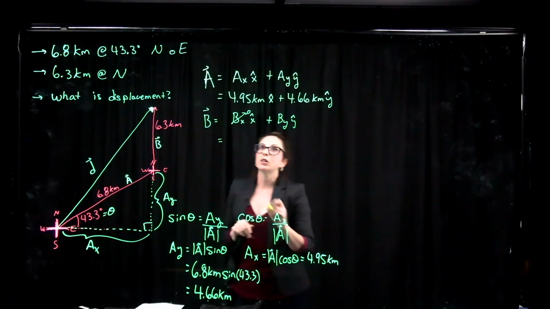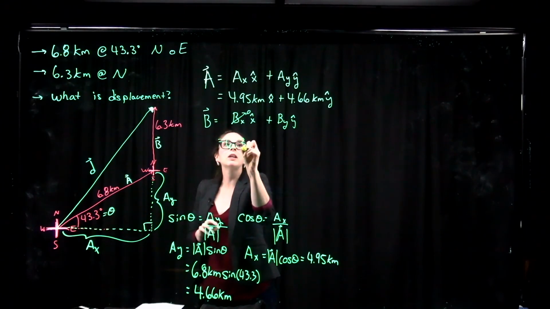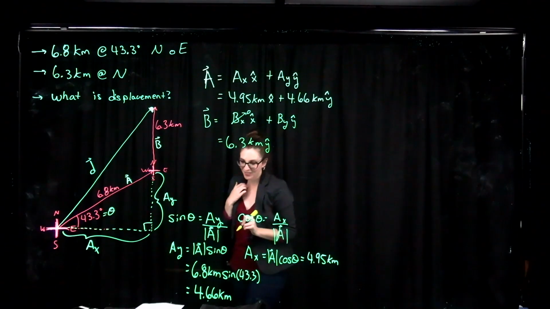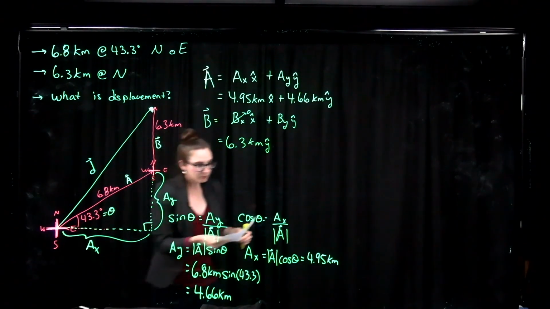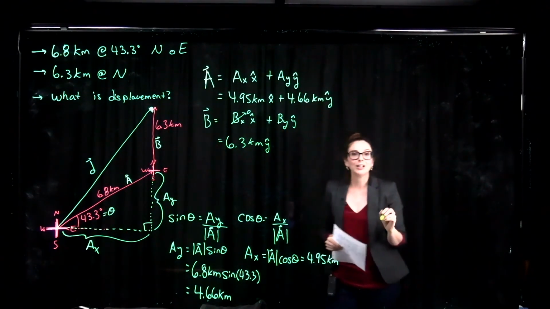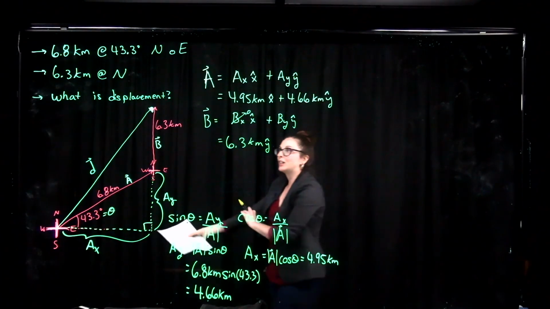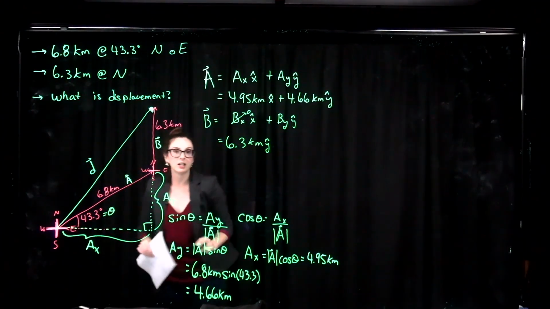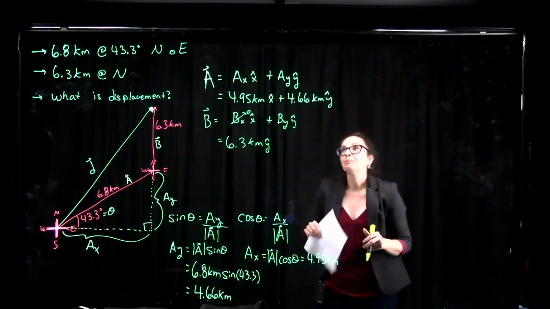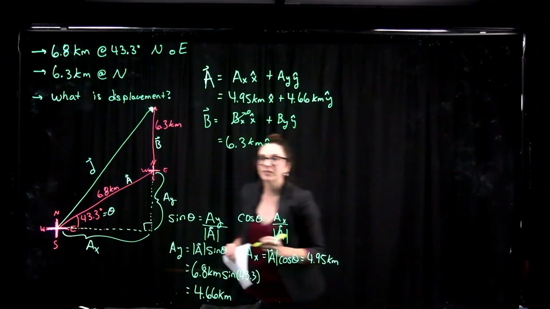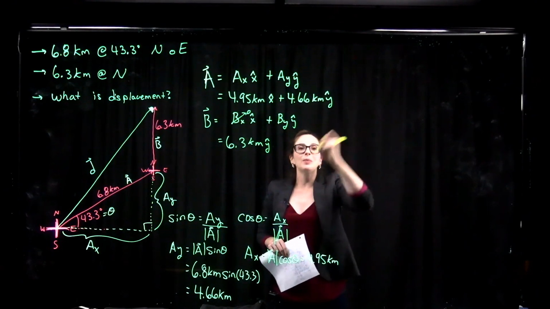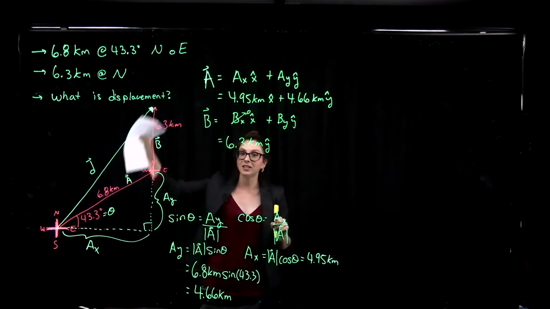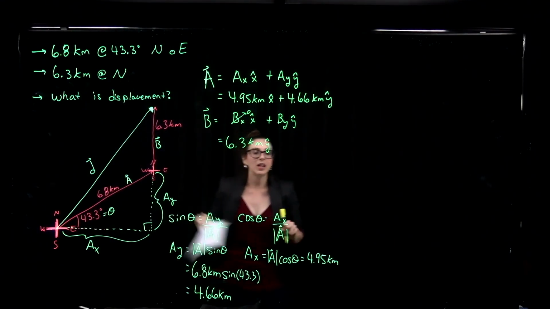So my B vector just looks like 6.3 kilometers in the Y hat direction. So then we want the magnitude of the sum of these vectors, which would then be the total displacement, this D vector here. Sometimes I call these the resultant vector. If you ever hear me say a resultant vector, that's the same thing as what I'm working with right here.